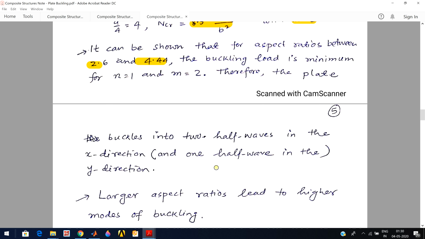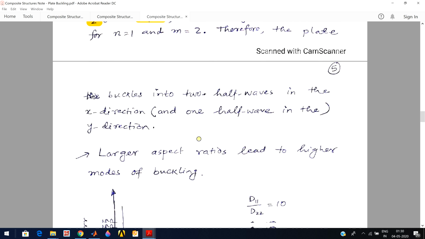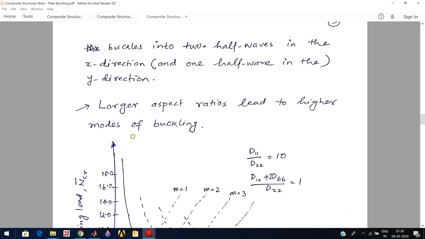All right, so this is also one important point, that when you go on increasing the plate aspect ratio, you can see you'll get higher modes.